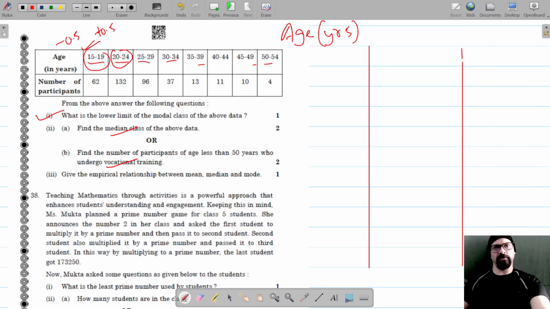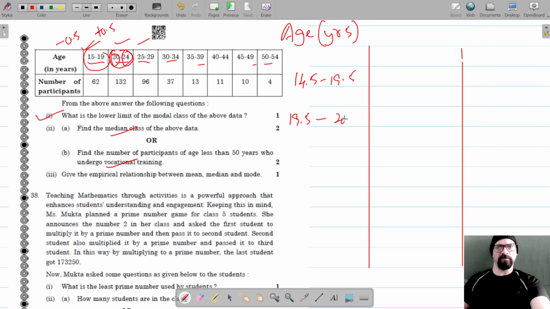Subtracting 0.5 from the lower limit of the first class interval gives me 14.5, so this is 14.5 to 19.5. Then for all the class intervals, subtract 0.5 from the lower and add 0.5 to the upper.